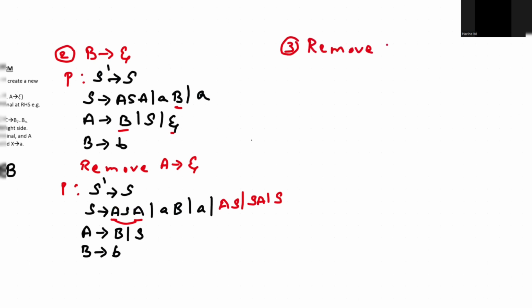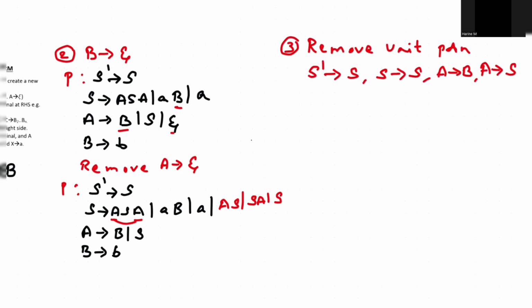Here, what are all the unit productions? S dash tends to S, then S tends to S, A tends to B, and A tends to S. So we need to remove these unit productions.